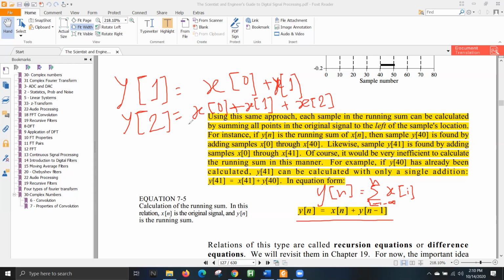So notice one thing, this whole thing can be replaced by y[1] because it was used to calculate y[1]. So x[0] plus x[1] can be used to represent y[1]. Similarly, any nth point can be calculated using x[n] plus y[n-1]. This is why the equation is like this. This is a lot more efficient version of this equation.